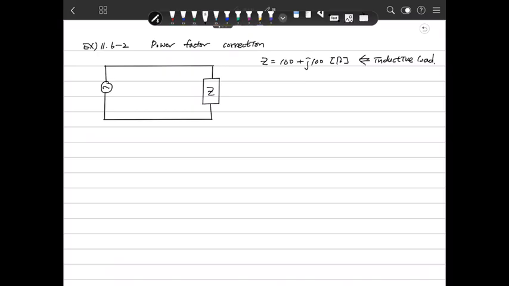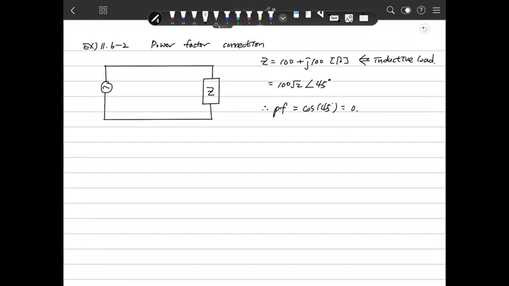Then our target, in this case, is to find the power factor. It can be represented here as 100√2 with an angle of 45 degrees. Therefore, the power factor of this is cosine 45.